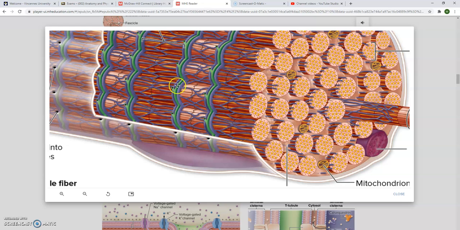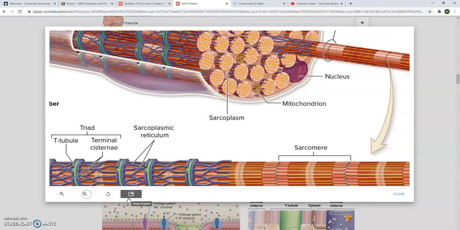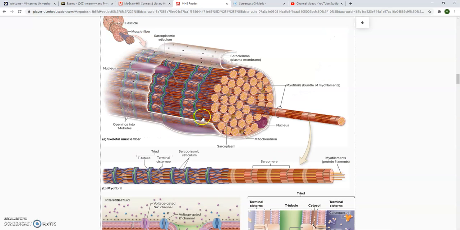And so the green that you see here, all of those are called transverse tubules. So those are our transverse tubules, and I'll go back out here. So the green there is the transverse tubules. Sometimes they'll just abbreviate them T tubules, so you can call them that too.